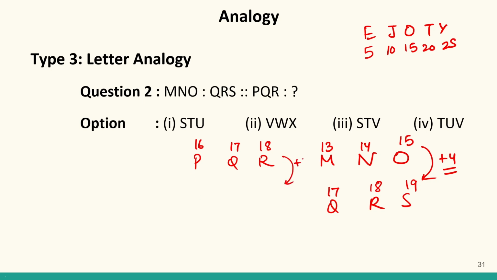Now I have to move 4 positions forward. From 16 I'll go to 20th position, from 17 I'll go to 21st position, and from 18 I'll go to 22nd position. So at 20th position we have T, then we have U, and then we have V. So my answer will be TUV, which is option number 4. So option number 4 will be the correct answer to this question.